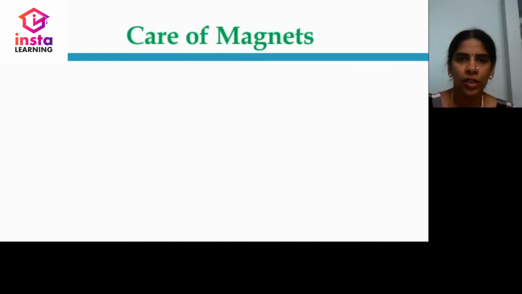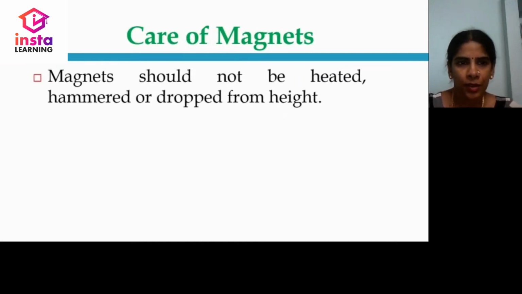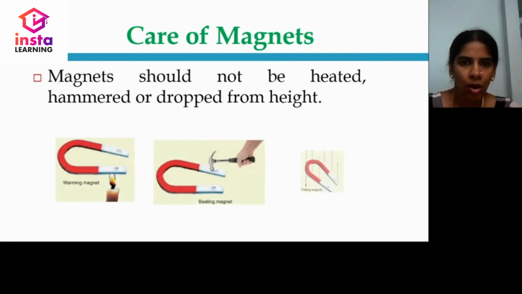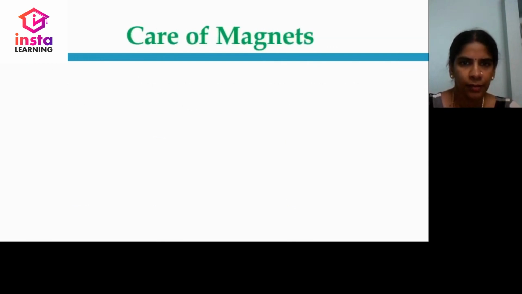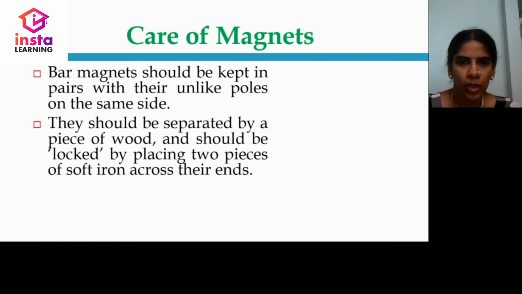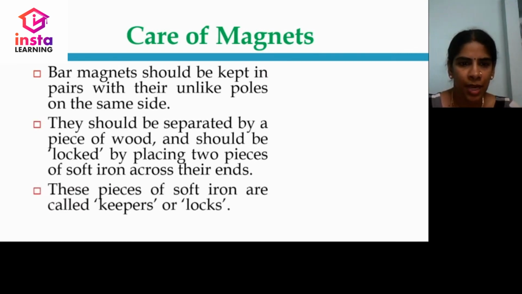Let us see how we need to care for the magnets. Magnets should not be heated, hammered or dropped from a height. Bar magnets should be kept in pairs with their unlike poles on the same side.